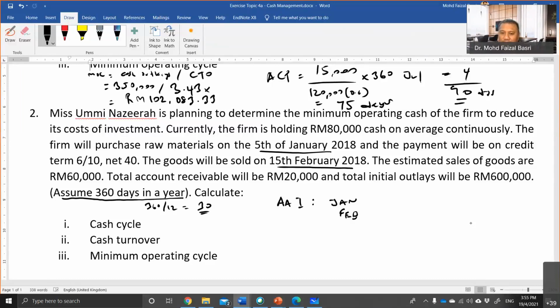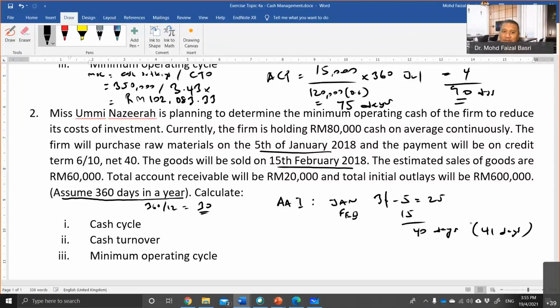So January, since our assumption is 30 days per month, it will be 30 minus 5, which is 25 days. And Feb, we have 15 days. Therefore, as a total, it will be 40 days. If you use the full days, you're going to put 31, and then you get 36, and then you will get 41 days. A slight difference of 1 day.